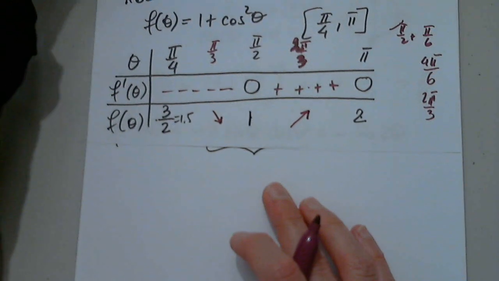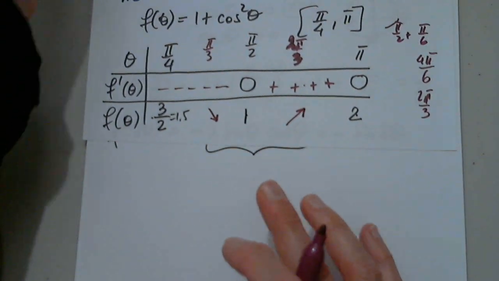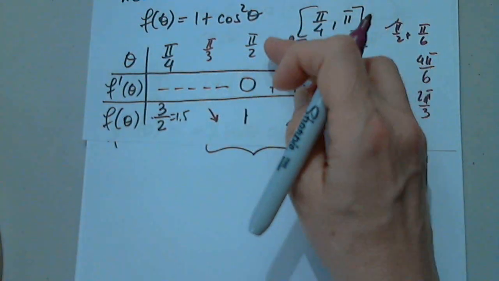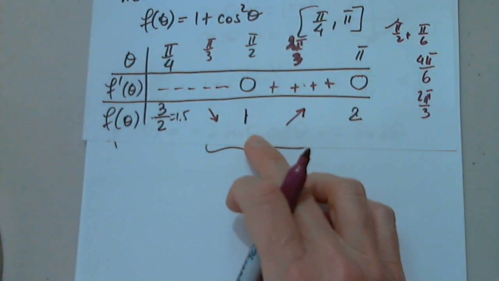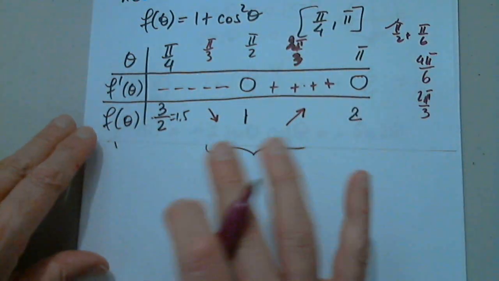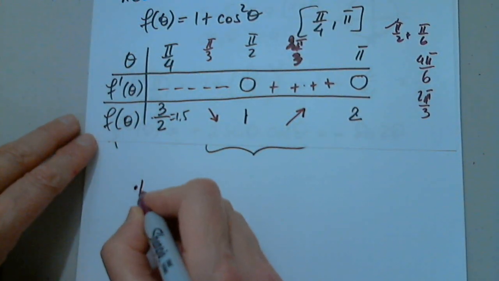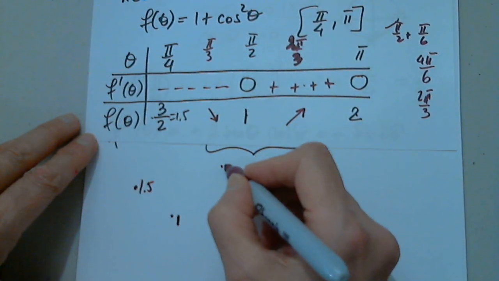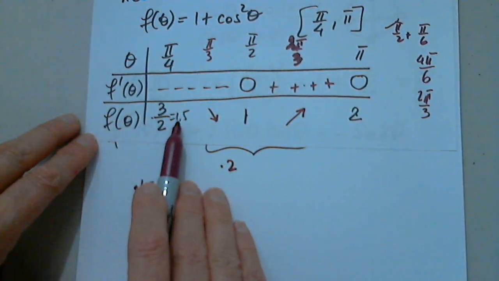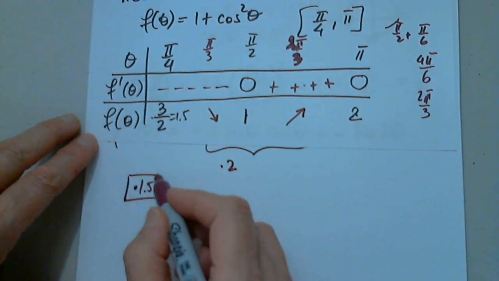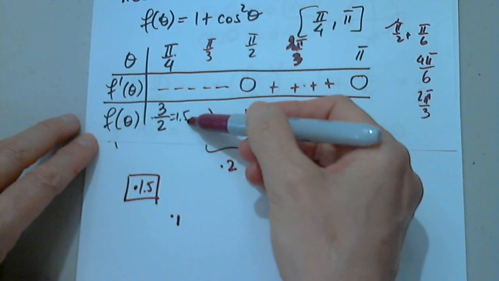So now we need to identify what pi over 4, 1.5 represents, pi over 2, comma 1 represents, and pi, comma 2. And you can create this little thing. This is not the graph of the function. 1.5, 1, 2. What type of point is pi over 4, comma 1.5?